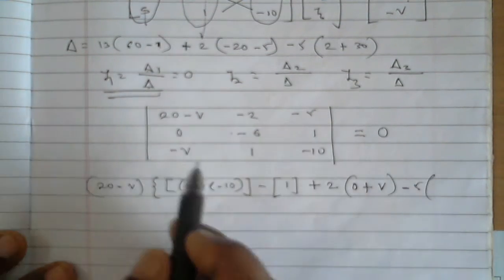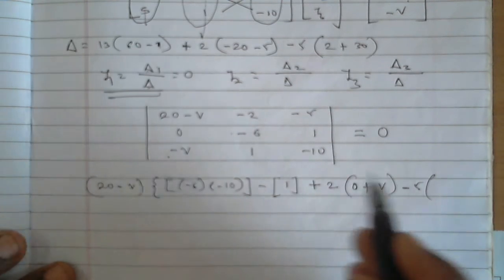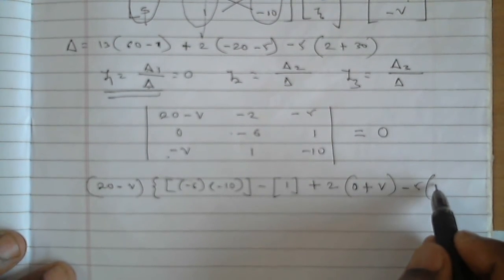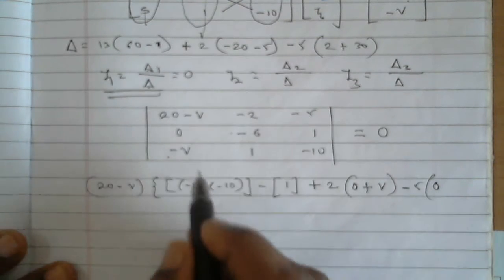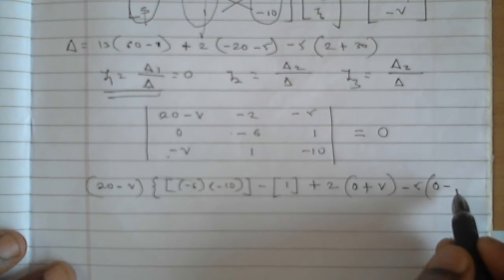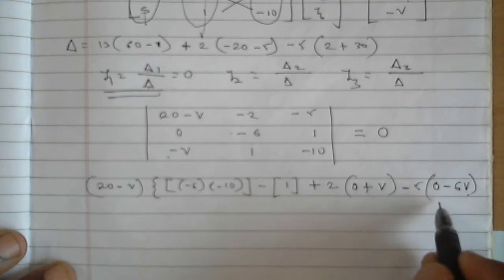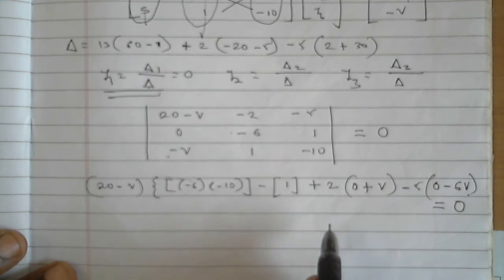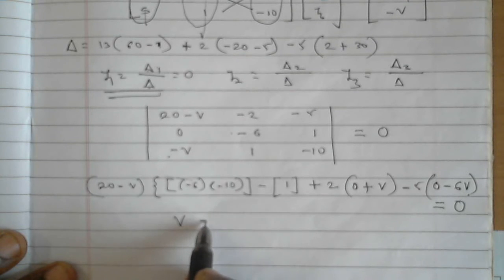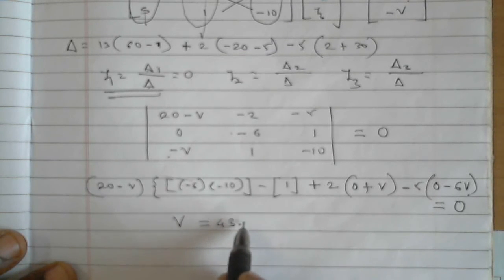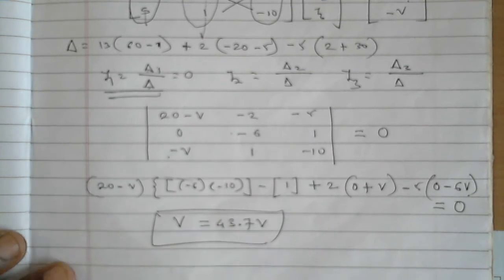Lastly minus 5, 0 minus 6v. So 0 minus this, minus minus will become plus, so minus will remain as it is, 6v. Okay, now we equate this with 0 and if we solve, there is only one unknown, that is v. You will get it as 43.7 volt.